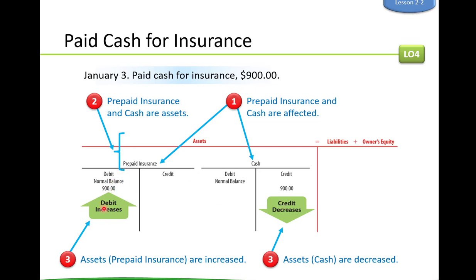Prepaid insurance is going to increase because we're putting money in it, and that's a debit that increases. Typically, when I'm doing a transaction that has cash in it, that helps me to choose because I can easily see what's happening to cash. Is money coming into cash or is money leaving cash? That's the easiest place to start, and then know that the other one has to be opposite.